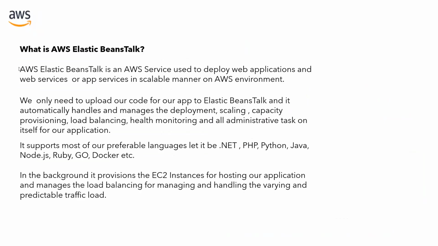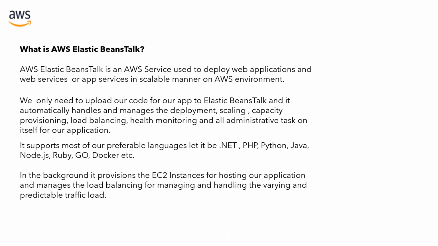By definition, AWS Elastic Beanstalk is an AWS service used to deploy web applications, as I told, and web services or app services in a scalable manner on the AWS environment. Scalable manner means it will manage the scalability of the application automatically on its own, including all kinds of traffic management.